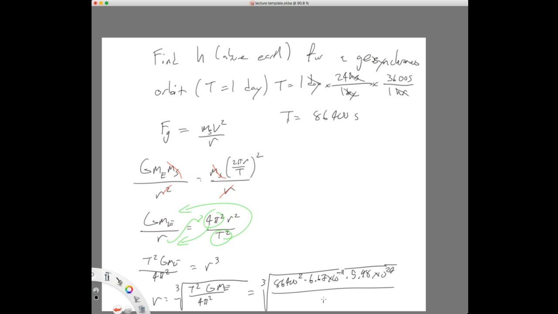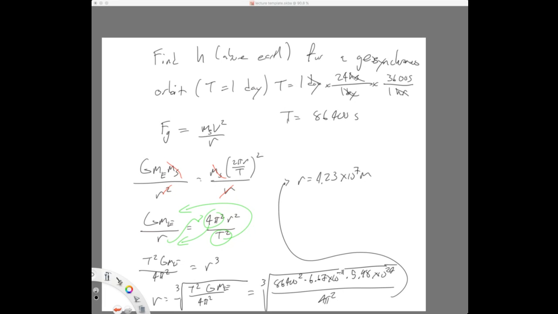And all of that is over 4 pi squared. And what I get is R equals 4.23 times 10 to the 7 meters.